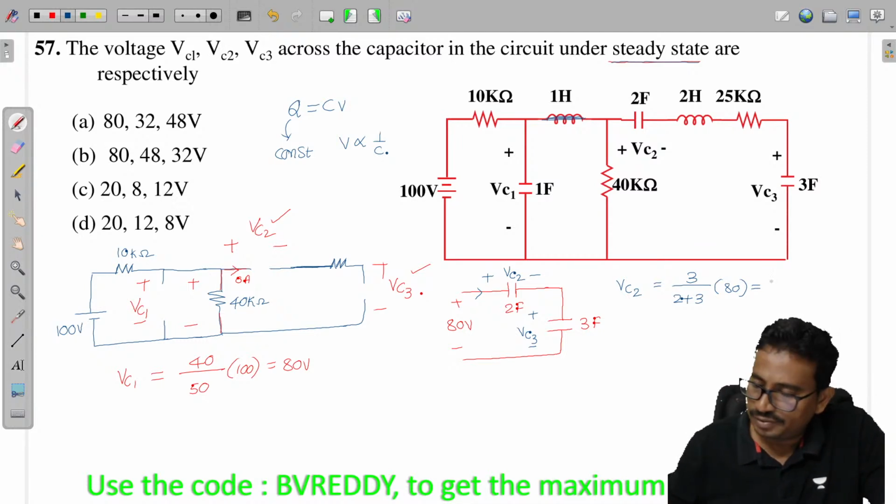How much do you get? This value is equal to 48.